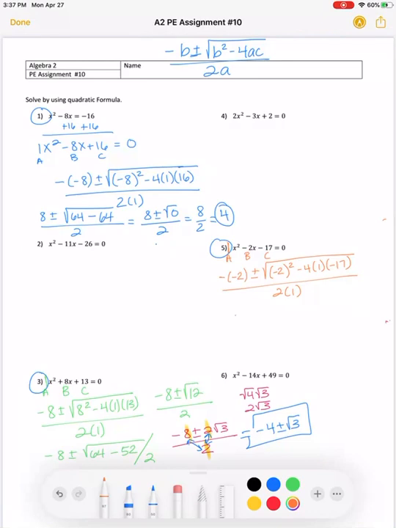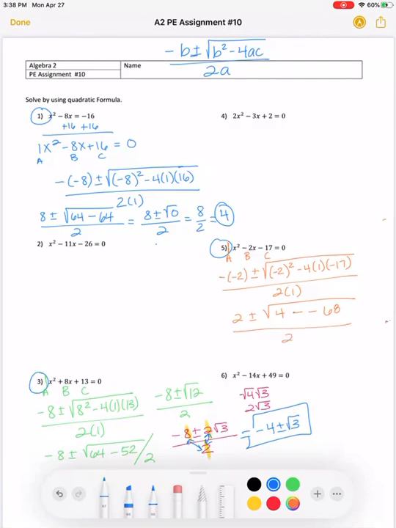So negative 2, positive 2, plus or minus the square root of 4 minus 17 times 4 gives you 68, but it's minus a negative 68, all over 2.